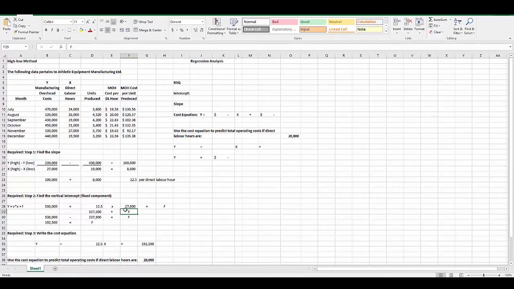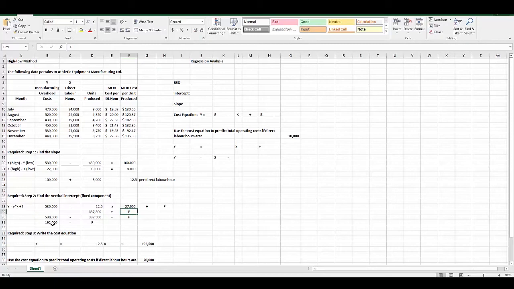So 12.5 times 27,000 will give you 337,500. Then you subtract 337,500 from both sides of the equation, here and over here. This will give you 192,500 for your fixed cost.